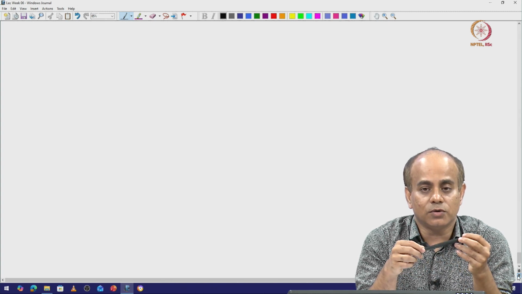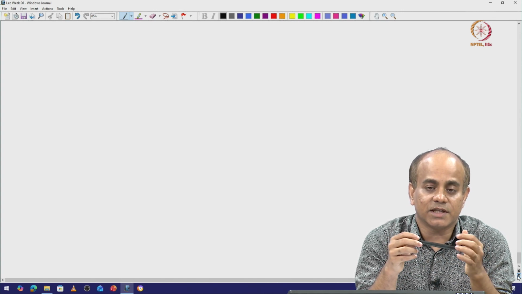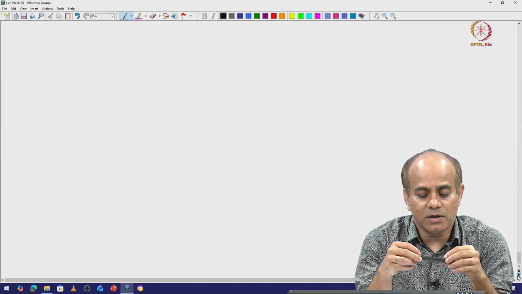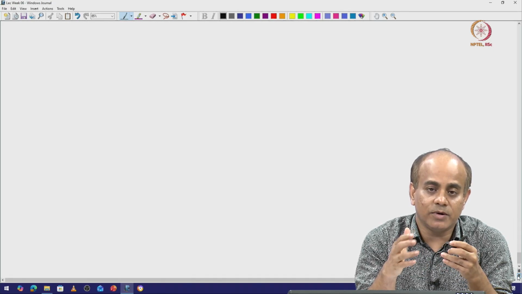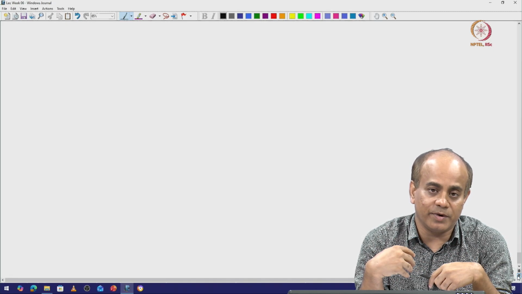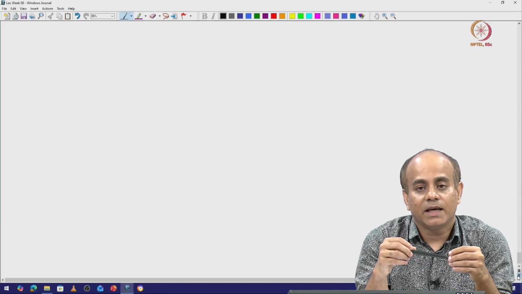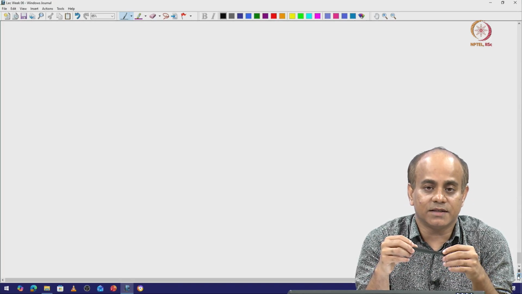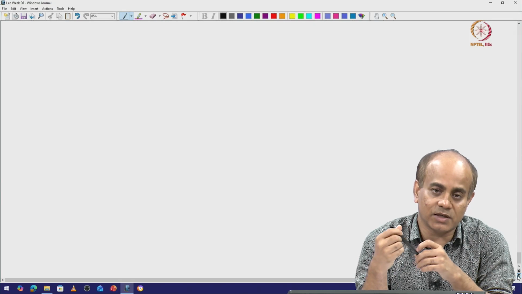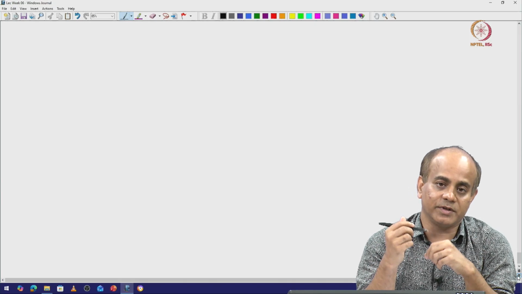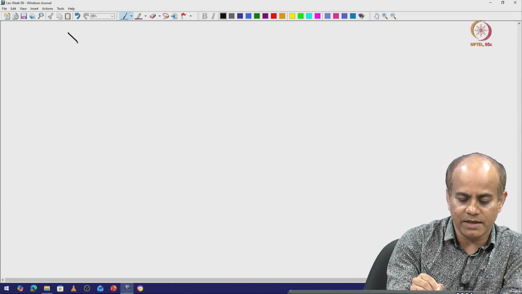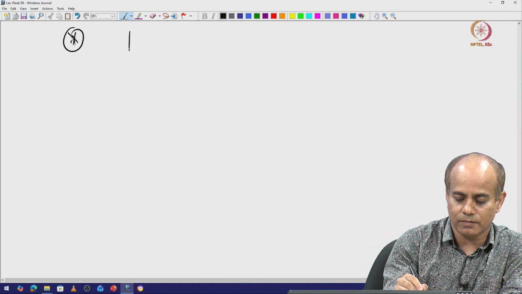Then we will move on to second quantization, because second quantization is a very popular method to study condensed matter systems, and in which case again we will do it in both real space and momentum space, and we will see the key differences between first quantization and second quantization, and also the key differences between real space and momentum space. So, the first thing we will study is first quantization.